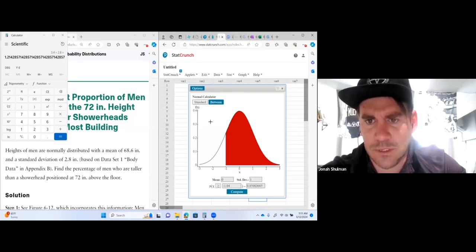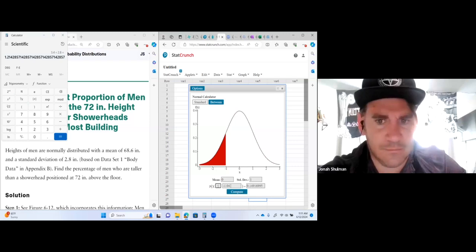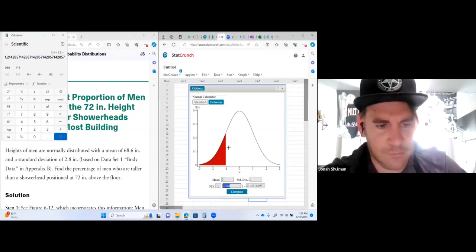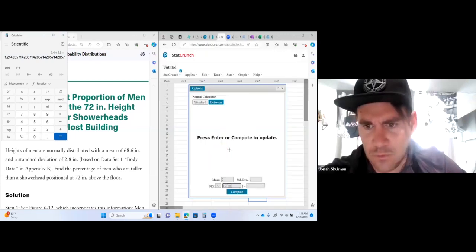So normally it looks like this, right? And we want 1.214. Compute.